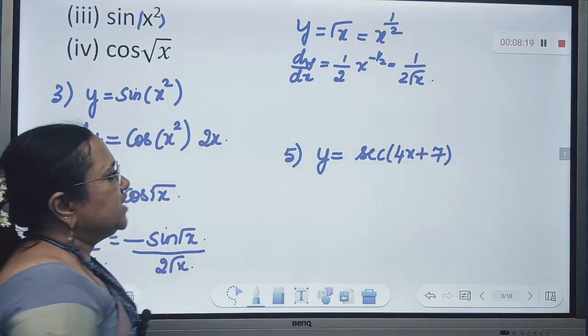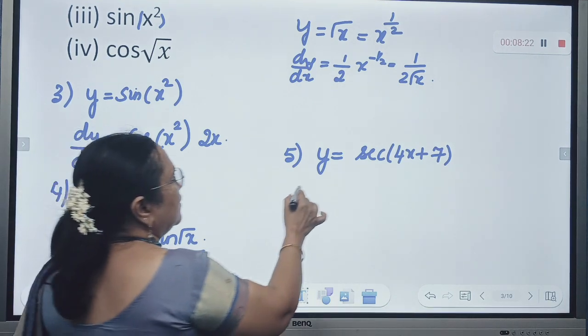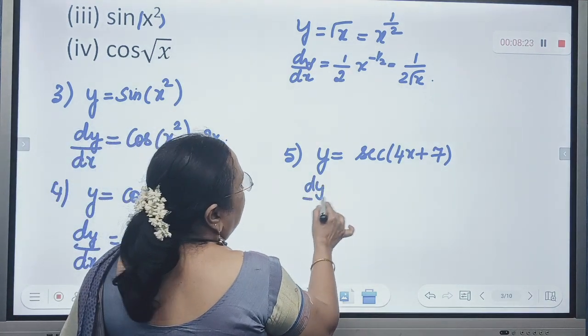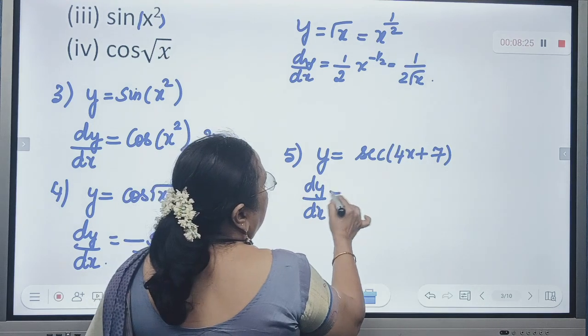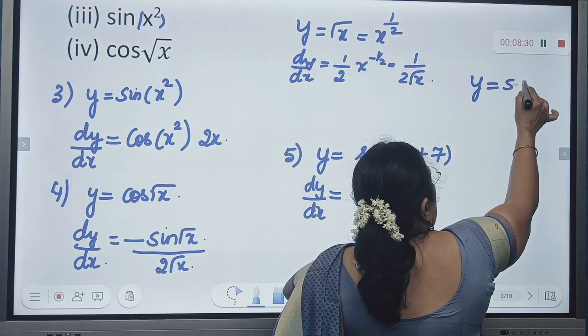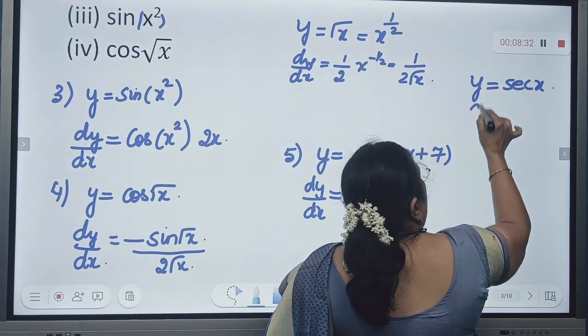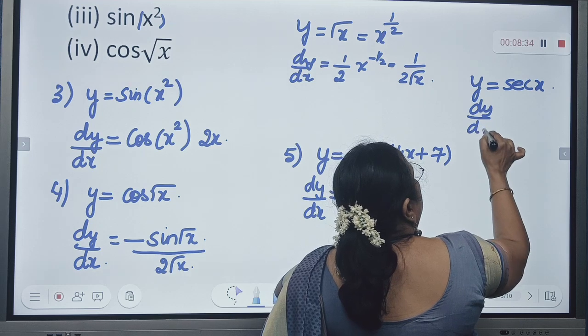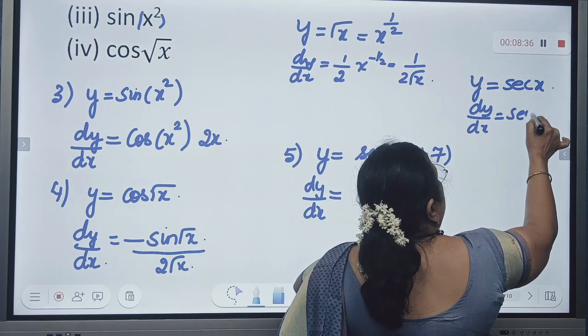If y equals secant of 4x plus 7, what will be your dy by dx? If y is secant x, dy by dx is secant x tan x.